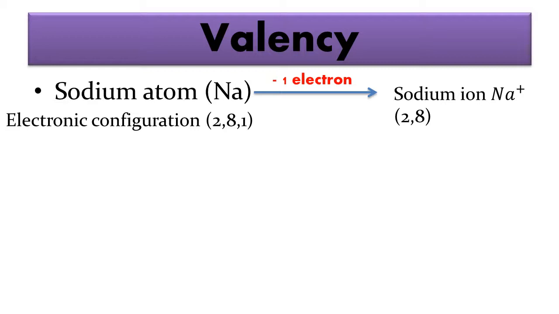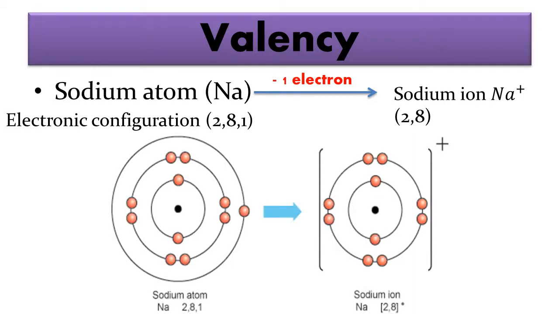Here you can observe Na will lose 1 electron, and it will form the Na plus ion, and this is called a cation. A cation is a positively charged ion. The electronic configuration of sodium is 2, 8, 1, and after losing 1 electron, the electronic configuration of the sodium ion becomes 2, 8.